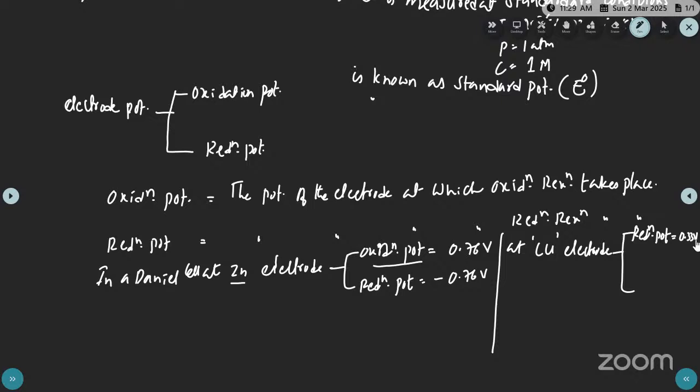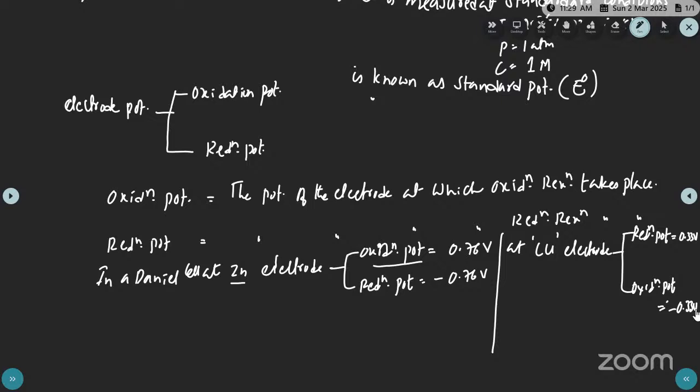And at that electrode, oxidation potential is also present. How much is it? Minus 0.33 volts, isn't it? Like that, every electrode has two potentials, oxidation potential and reduction potential.